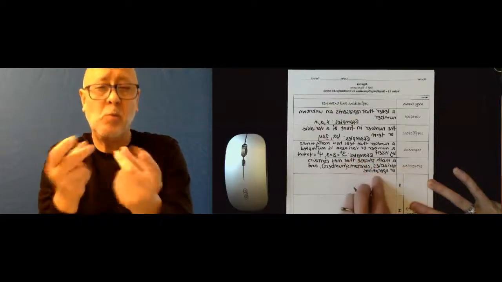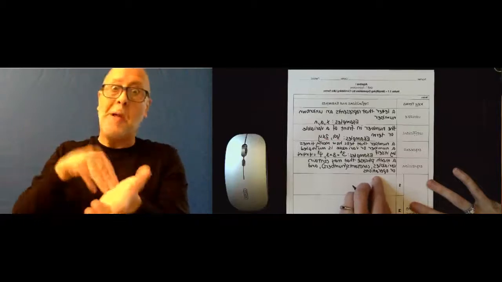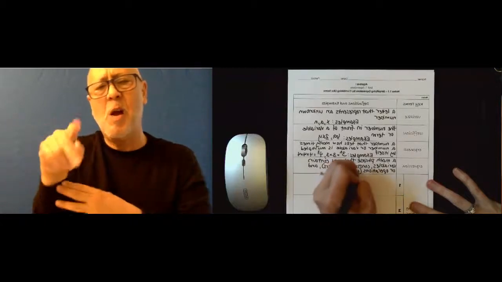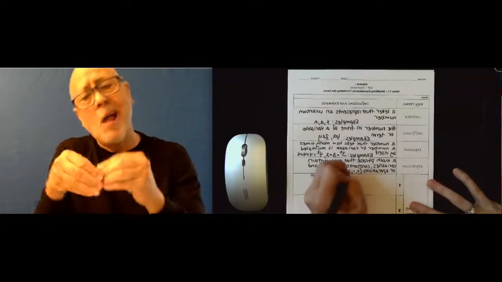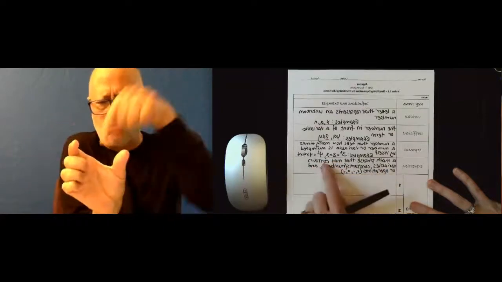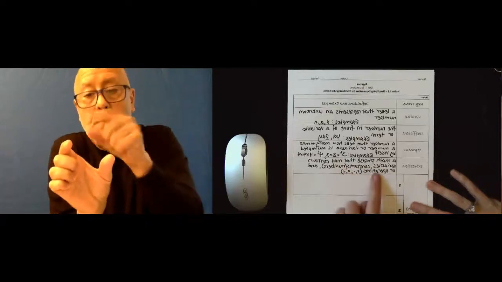Now, for operations here, we're not talking about going to the doctor and having an operation. We're talking about mathematical operations, which are just add, subtract, multiply, and divide. So it might have letters, numbers, and operations in it.